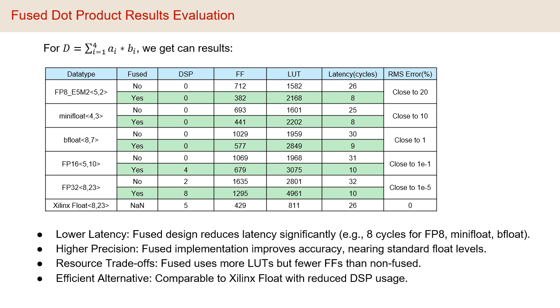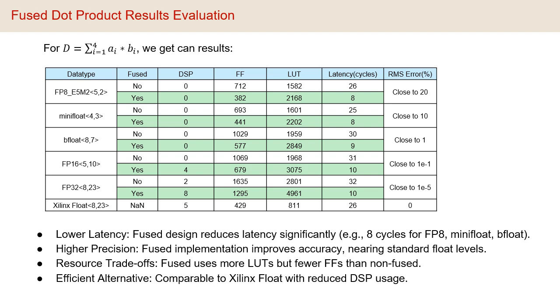And we can see the fused implementation achieves lower latency, reducing cycles to as low as 8 for FP8, minifloat and bfloat. It also has higher precision, with RMS error rate coming close to those of the standard float for larger bit widths, while the fused version slightly increases LUT usage.